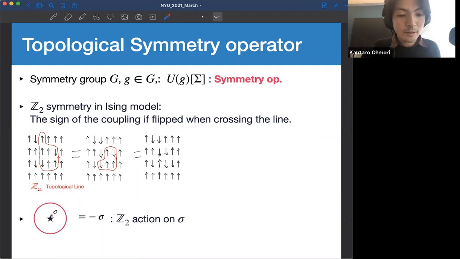However, if you have some operator, say this sigma is a spin measuring operator, so sigma gives 1 if a spin is up, and sigma gives -1 when the spin is down.